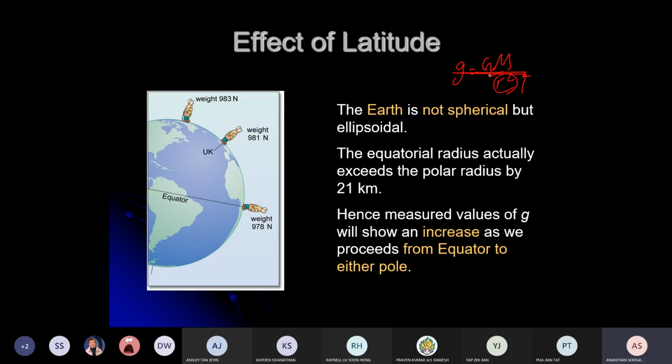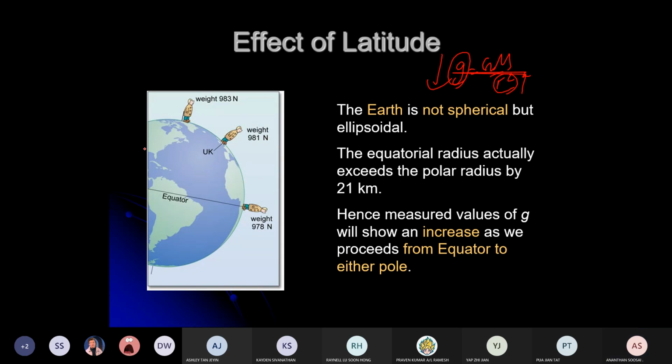So greater r, smaller g. That's why the equator results in a smaller gravity than the North Pole. So because of the greater radius at the equator due to the rotational effect, this is one reason.